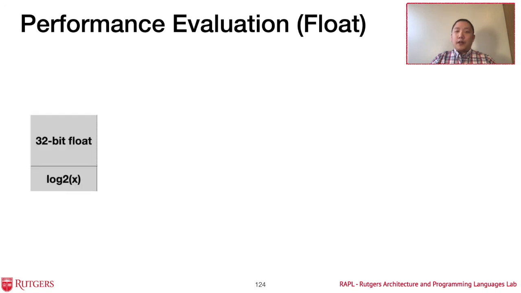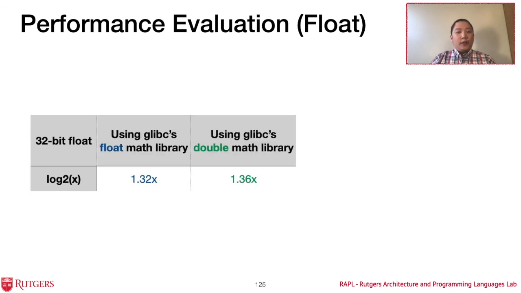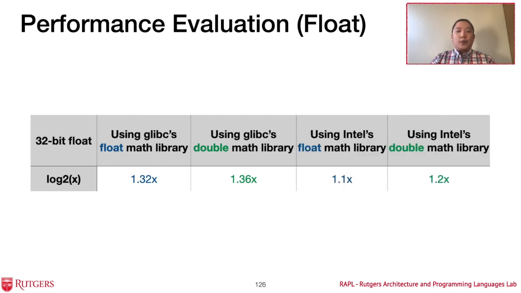Finally, RLibm's log2 of x function for 32-bit floating point is 1.3x faster than glibc's float and double math library, while it is 1.1x and 1.2x faster than Intel's float and double math library.